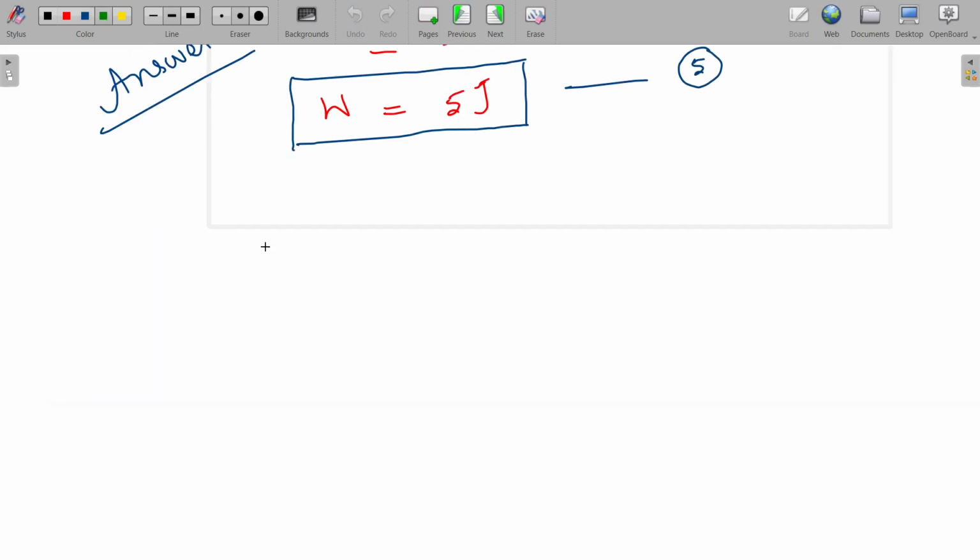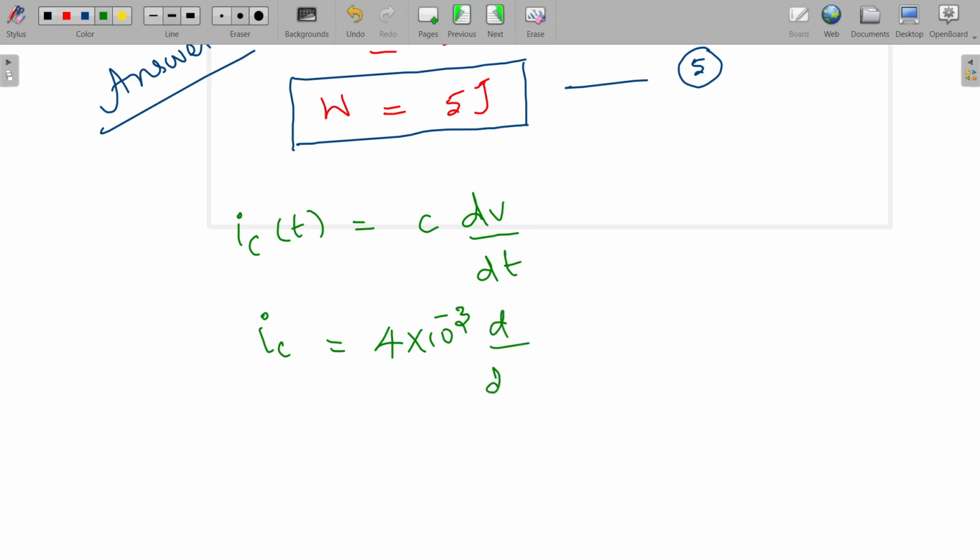Now the third portion is to find out the capacitor current for t greater than 0, right? So it is IC of t equal to C into dV by dt, isn't it? Already we had this. Anyhow, I am doing it again. IC is equal to the C value 4 into 10 power minus 3, and after differentiation of the voltage V of t, given as A into e power minus 100t plus B into e power minus 600t, this is IC of t for t greater than 0.